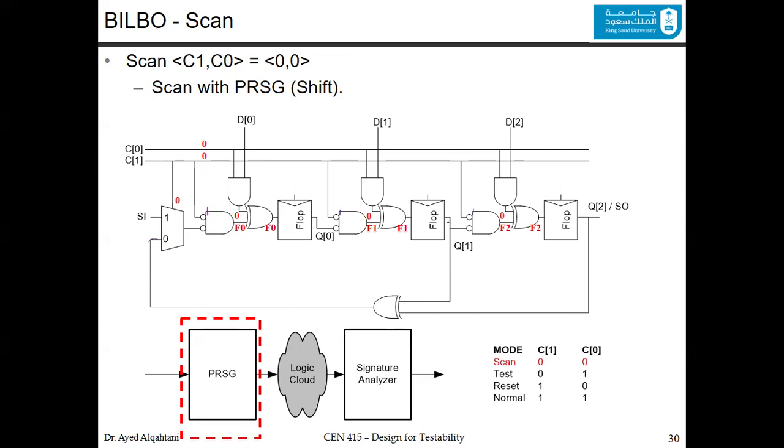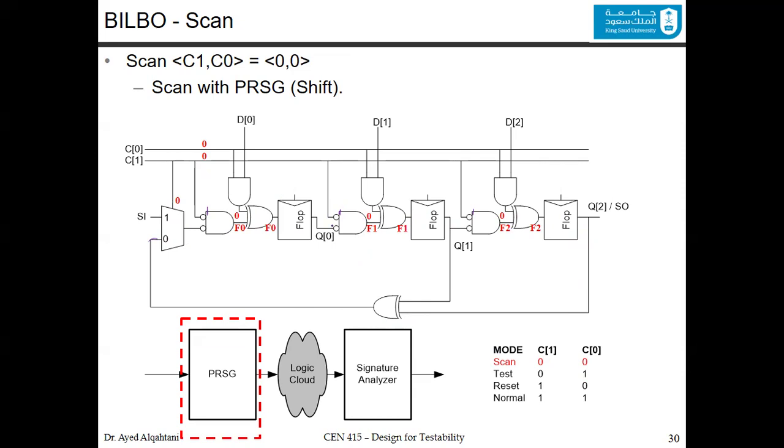So it will be whatever value you are generating from this feedback using the linear feedback shift register. And it will go this way. Also, for the XOR, since you have a 0 here and F0, the result of it is F0. So it's just a buffer here and here and here.